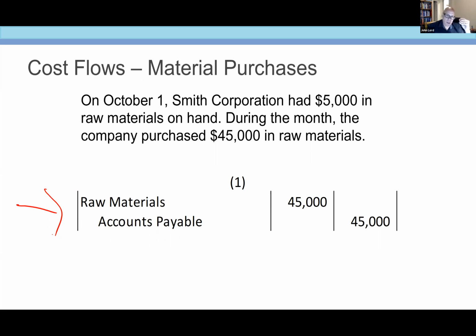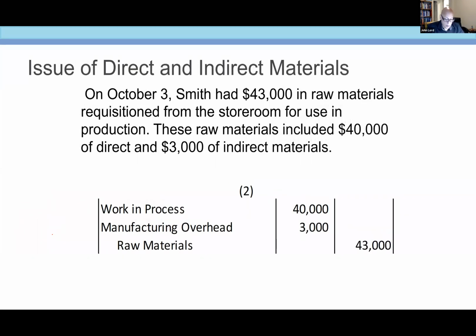So we buy the raw materials, we debit raw materials, we credit the liability, accounts payable. Our liabilities are our bills, and so we're going to have to pay this person eventually. We've got the raw materials now, and some of those raw materials are direct, some are indirect.